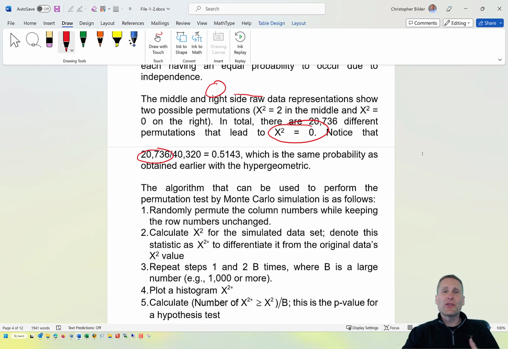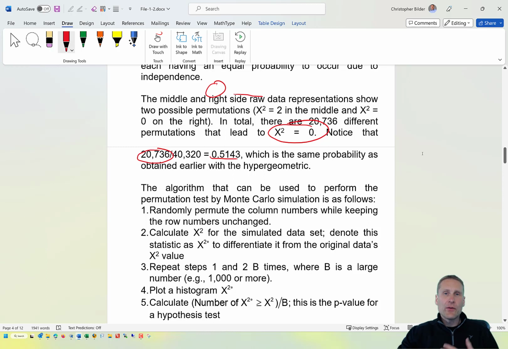No. But the reason I know this is because we can go back to the hypergeometric distribution. We know the corresponding probability for x squared equal to 0. Based upon that probability, I can figure out that I would have to have 20,736 of these 40,320 to produce the probability that we saw in that previous table.